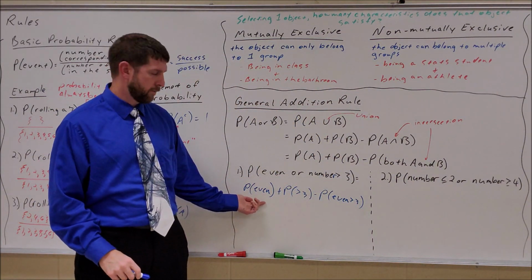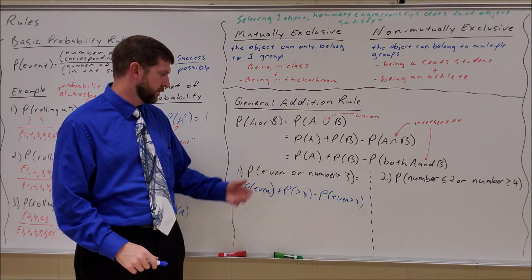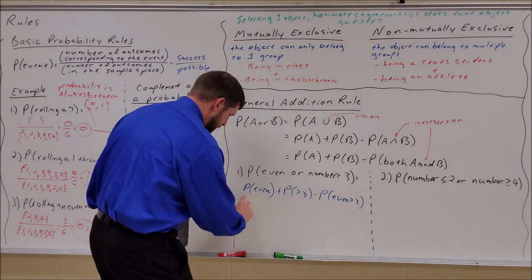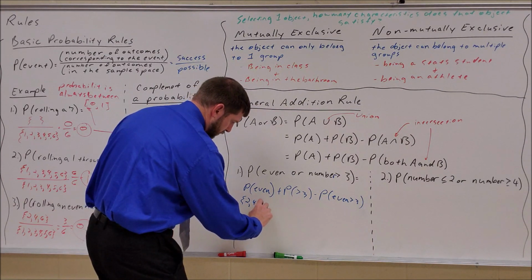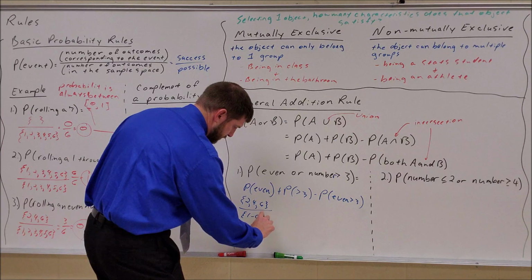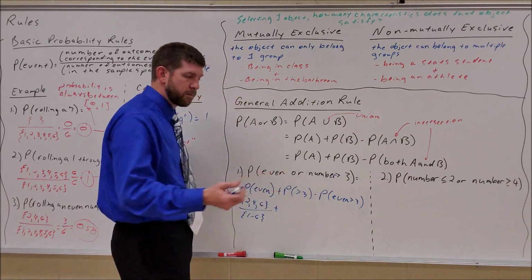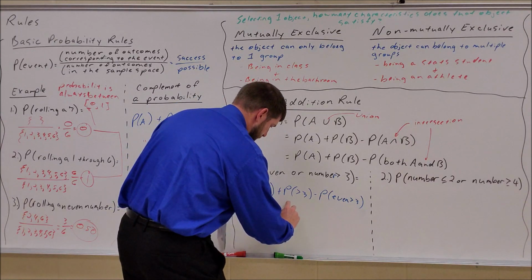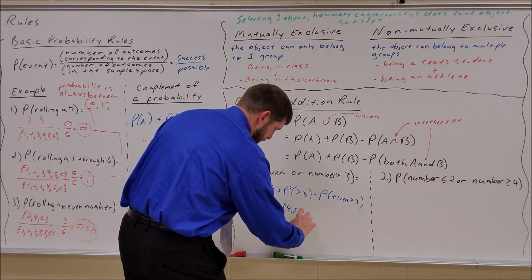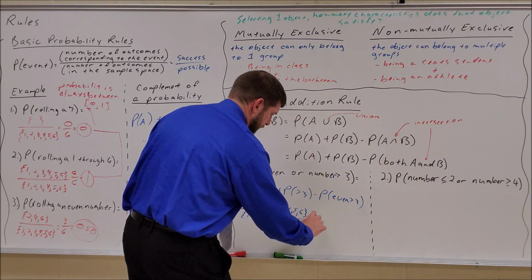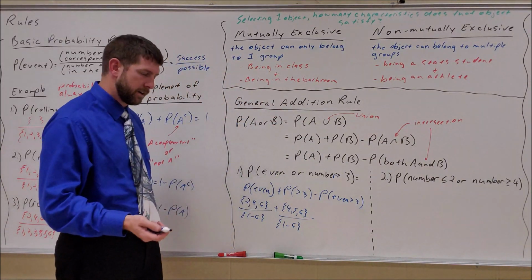So going through our probability rules, how many even numbers are there on the dice? 2, 4, and 6, right? So I got 2, 4, 6 out of all those numbers 1 through 6, okay. How many numbers are greater than 3? 4, 5, and 6, out of all those numbers 1 through 6, minus anybody got counted twice.